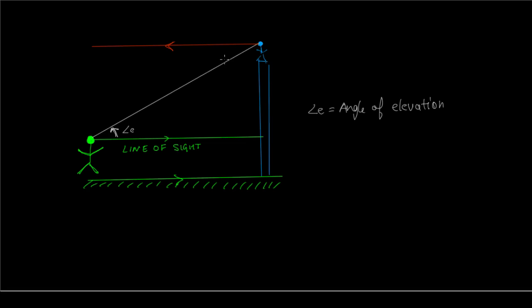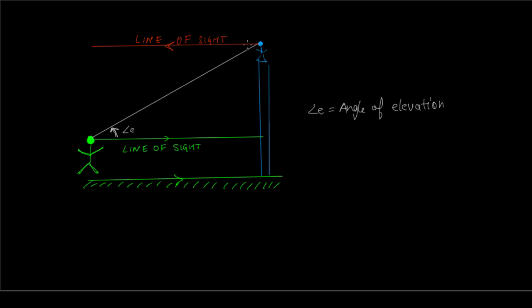His line of vision is also going to be parallel to the base. So this is going to be the line of sight for this person, again parallel to the base. It's also called the horizontal.